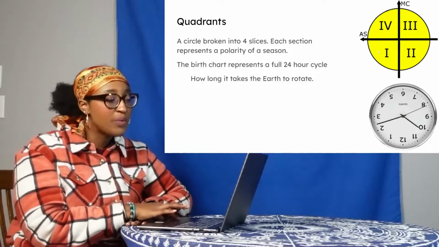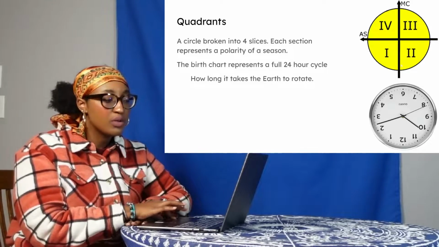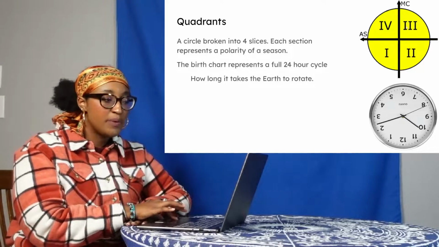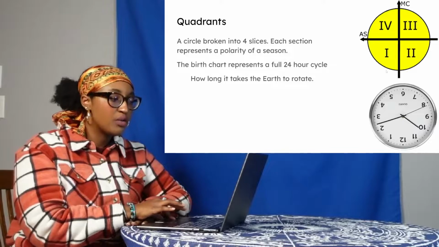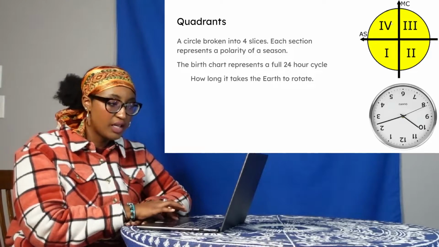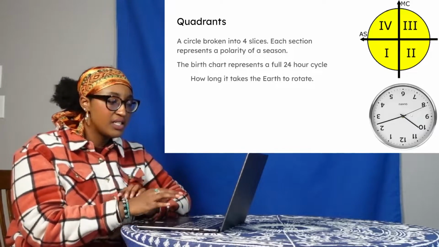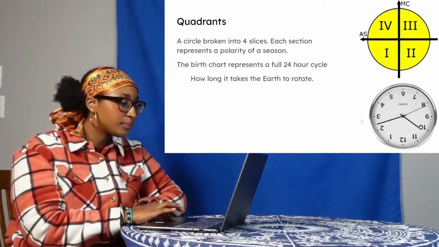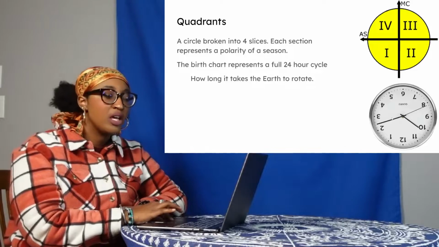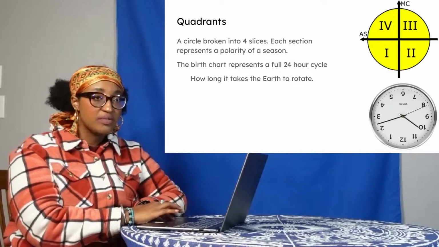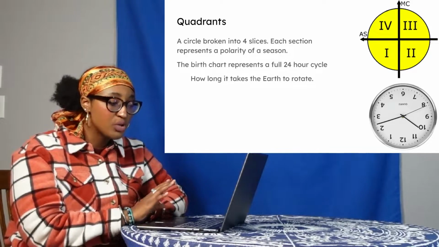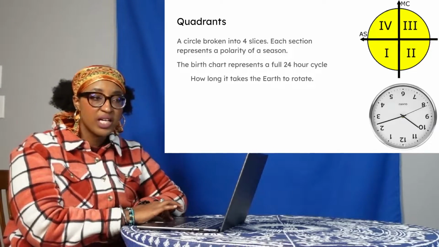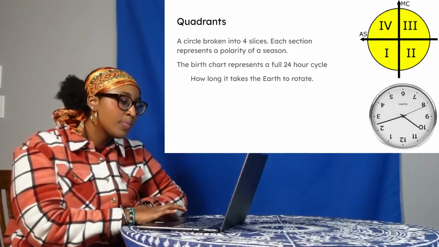Well, we're still keeping that same energy, and we're continuing to move in this direction. So instead of it being first, second, third, fourth, now it's first, second, third, fourth, and this orients the clock in a different perspective. And this clock is the true accurate clock. If this was a 24-hour clock, this is what the clock would look like for the natal chart.